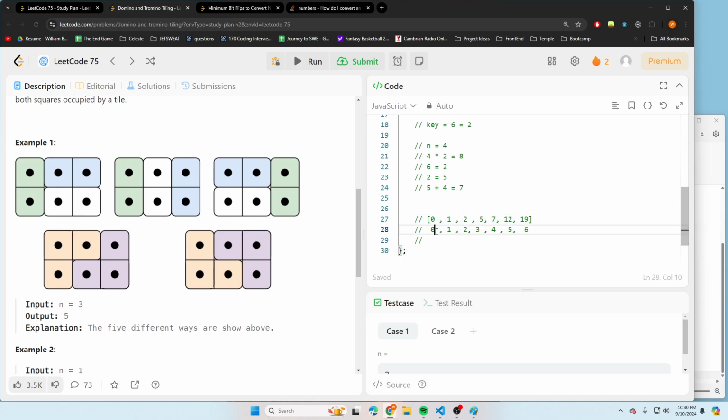This is n equals to 0 and 0. 1 is 1, 2 is 2, and 3 is the last 2 number. 4 is the last 2 number.